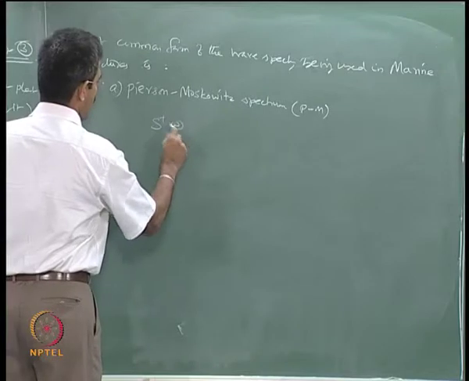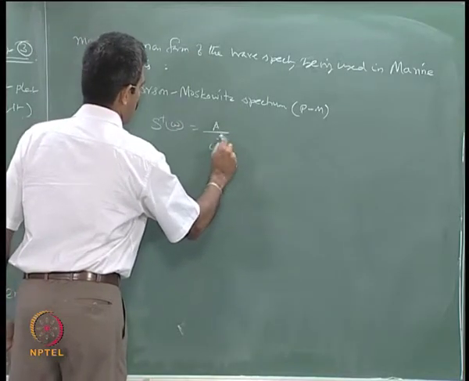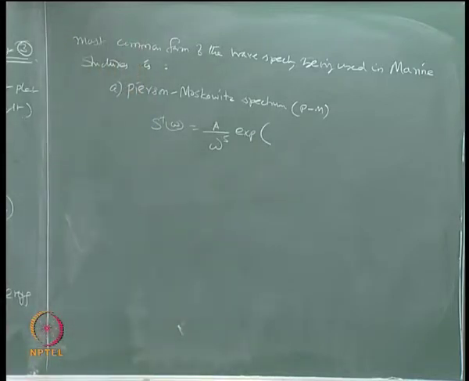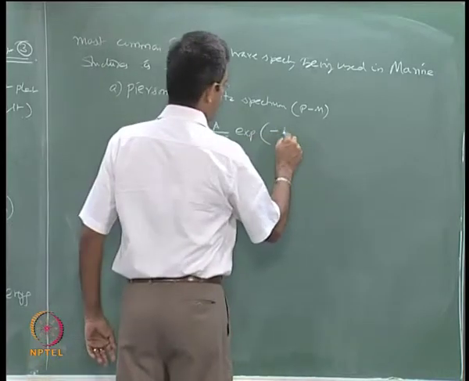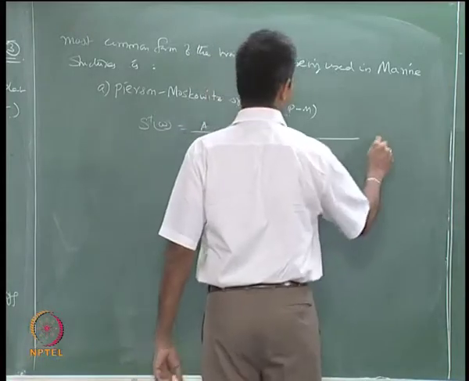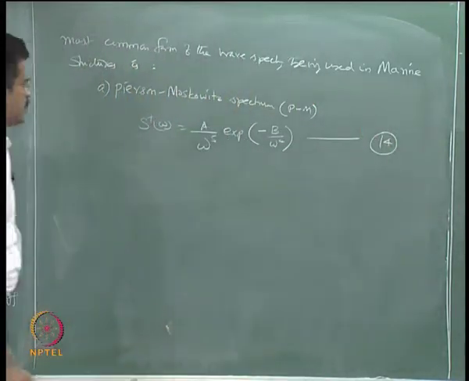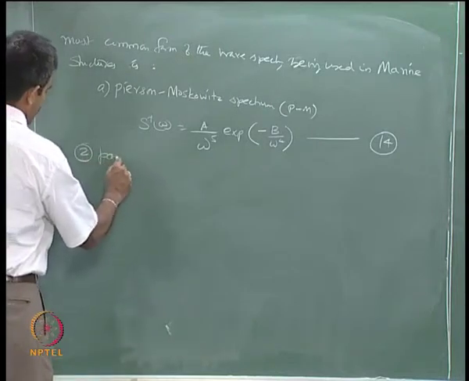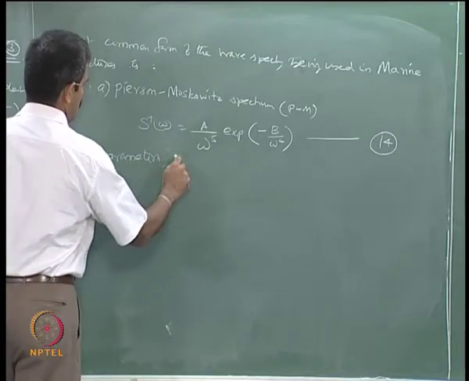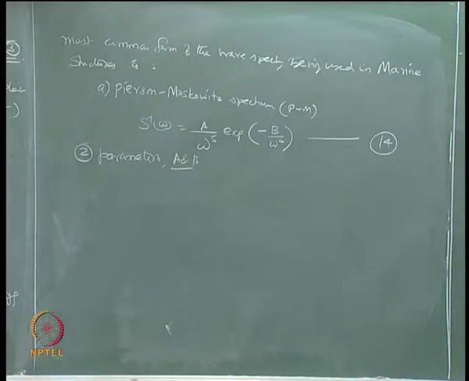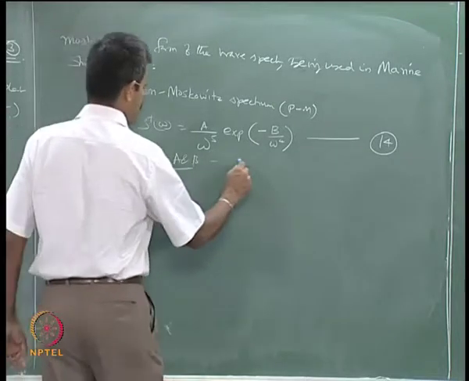S omega is A omega to the power minus 5 exponential minus B by omega to the power 4, call this equation number 14. So, the PM spectrum essentially depends on two parameters, A and B. A and B are actually constants.